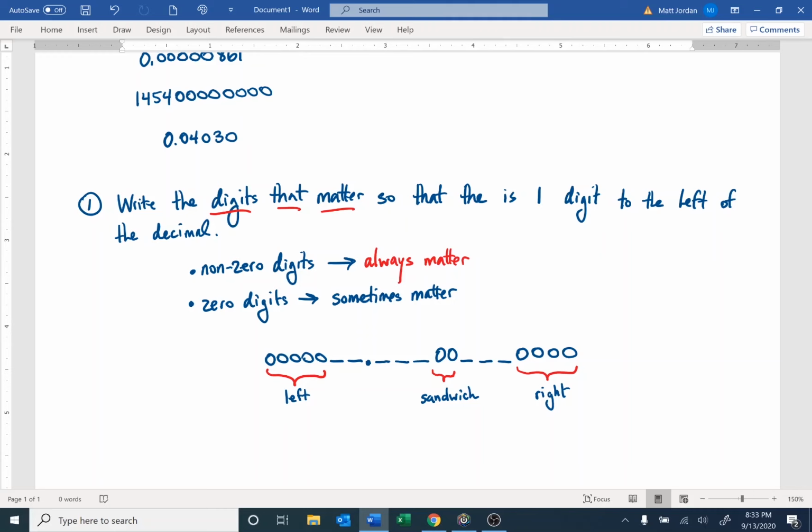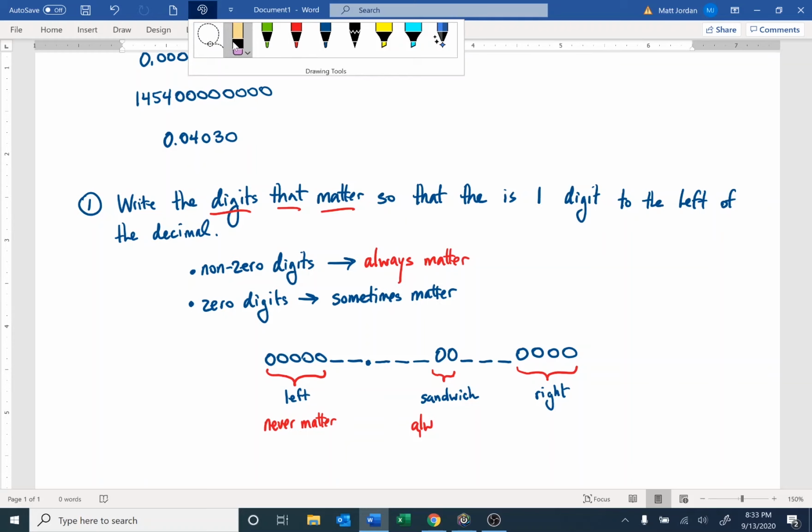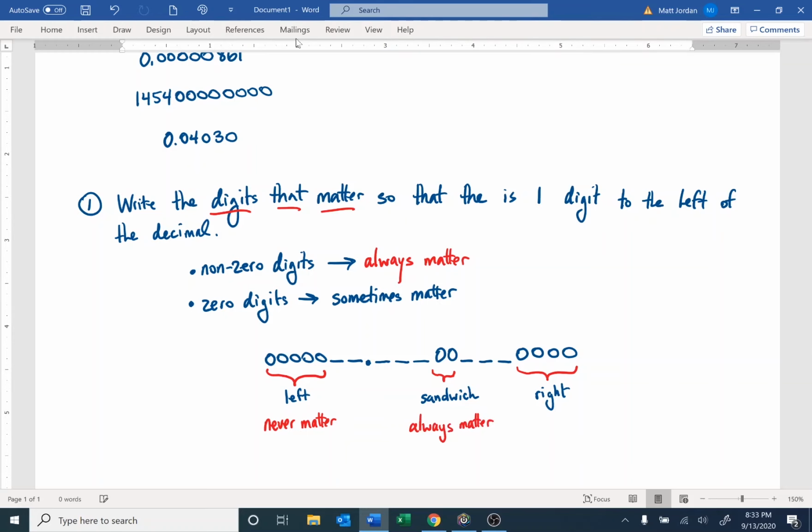If you have left zeros over here, these zeros will never matter. Sandwich zeros in the middle will always matter. And then over here, the last type of zero, right zeros, will sometimes matter.